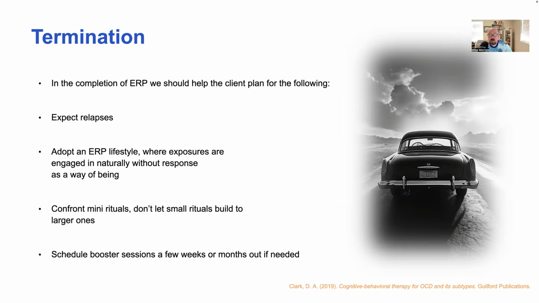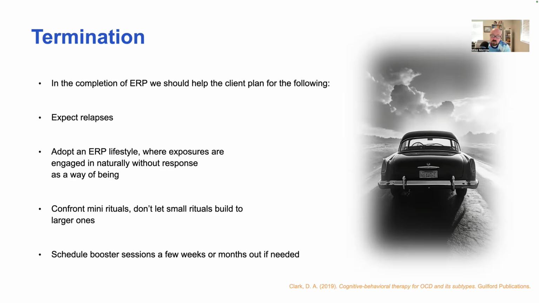We also want to confront many rituals. We don't want to let the small rituals start to build into big rituals. We want to treat it almost like you would treat addiction of some sort, which is no small permissions, none of these smaller things that would otherwise give us an ability to start snowballing these rituals back into some regular routine.